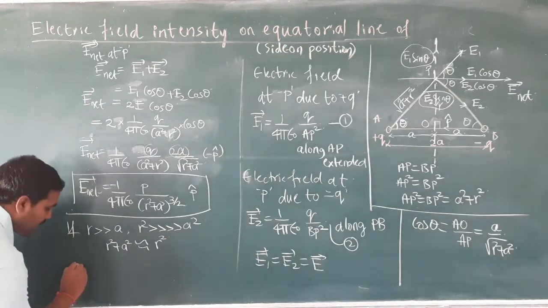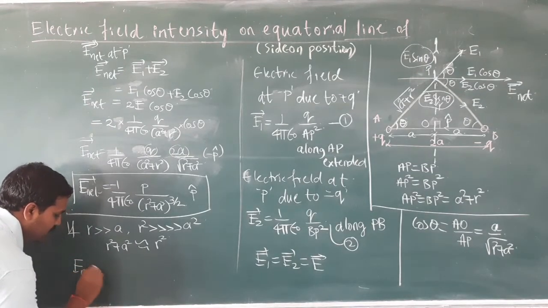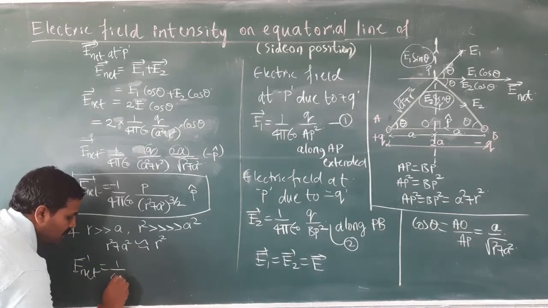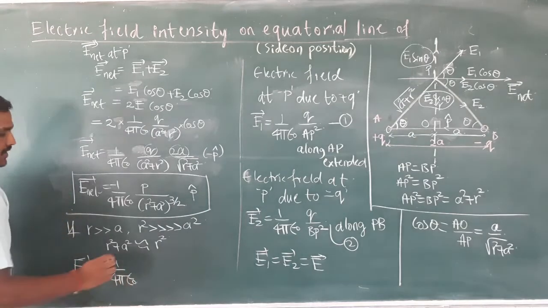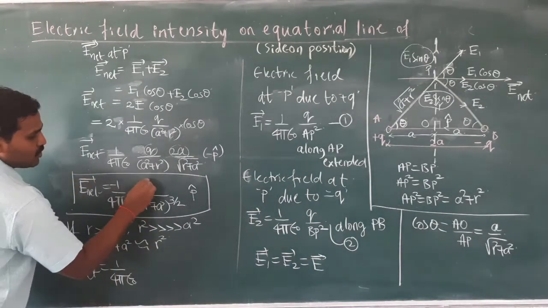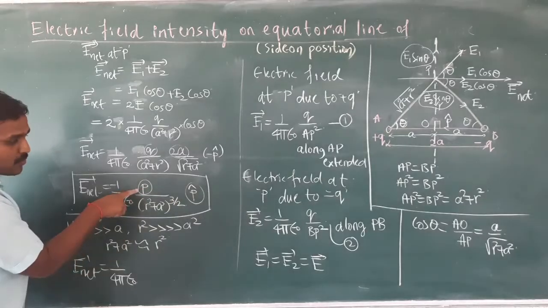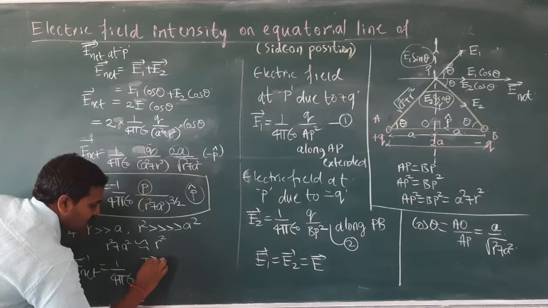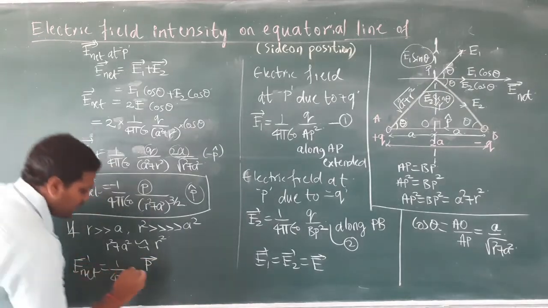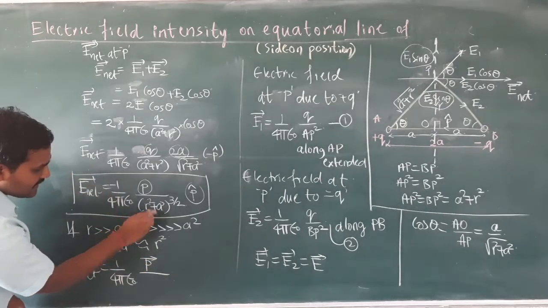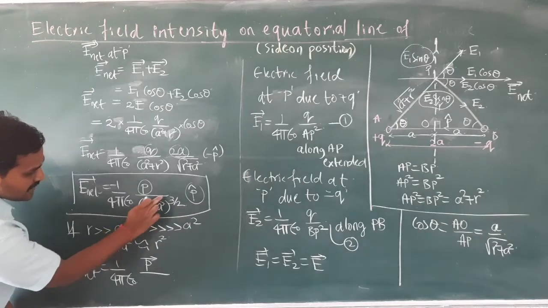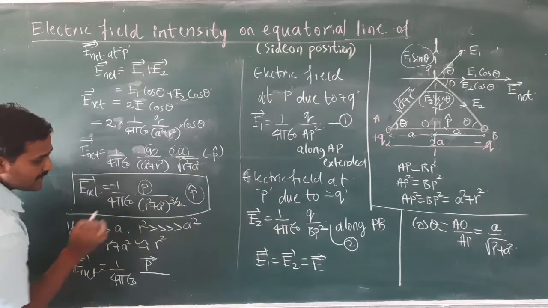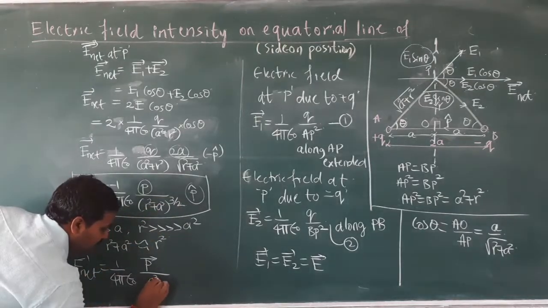So then I can write E net is equal to 1 divided by 4 pi epsilon naught. Combine these two terms: this is the magnitude of electric dipole moment and this is the direction of electric dipole moment. Combining both, I can write it as vector P divided by, when I neglect this a square, r square raised to 3 by 2. These two get cancelled, so I will remain with r cube.